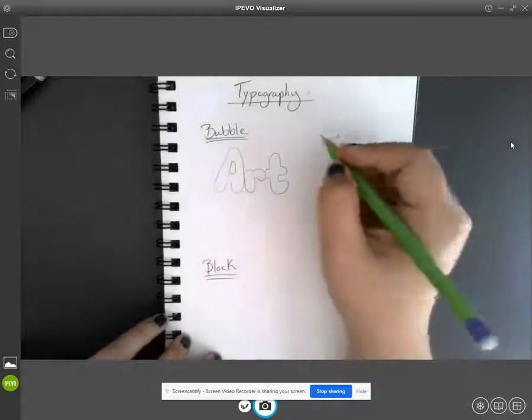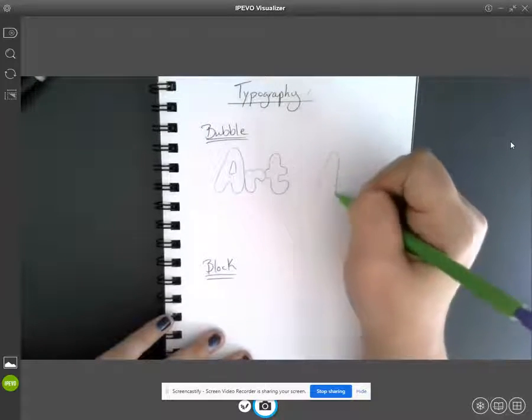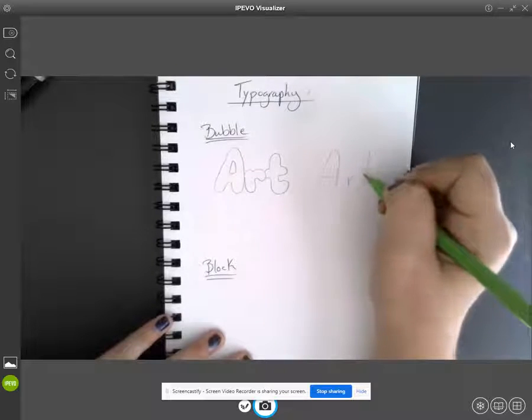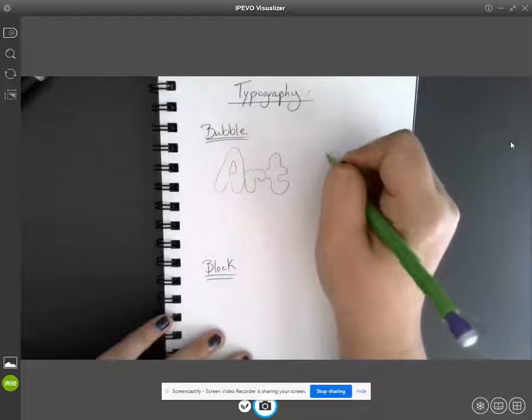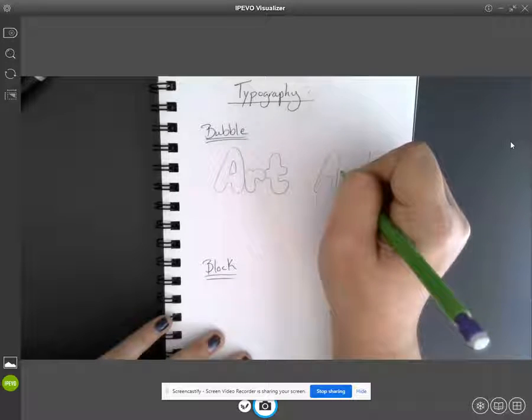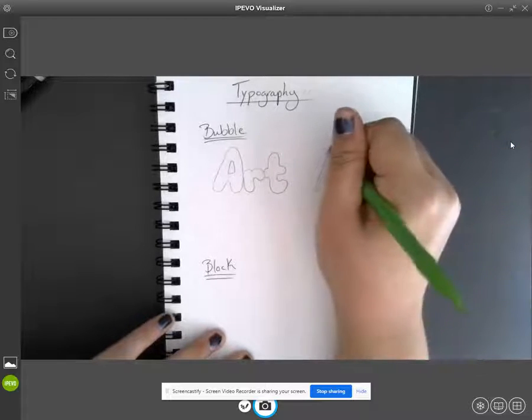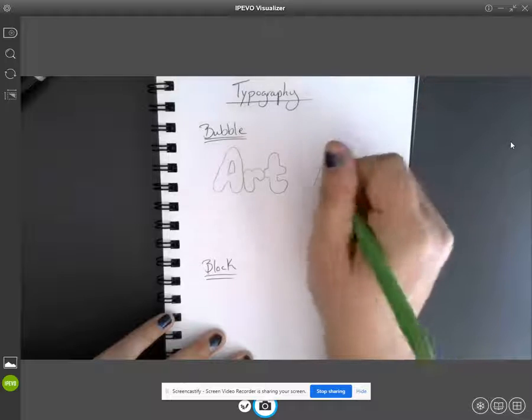Now, if you want to play with the thickness or thinness of it, you can rewrite that word again, in your own handwriting, it doesn't have to be perfect. And then you can be closer to it to get a skinnier bubble letter. That means that this hole in the middle would be bigger also. And I can get a much skinnier bubble letter that way.